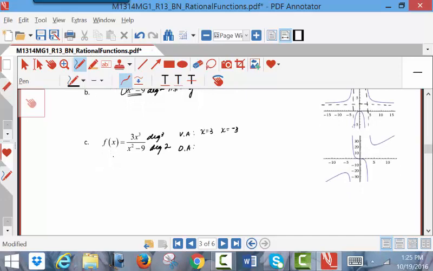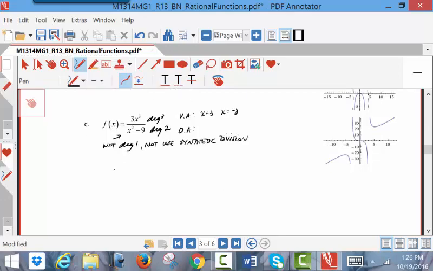And this is not linear. This is not a degree 1. So I cannot use synthetic division because it's not a first degree denominator.